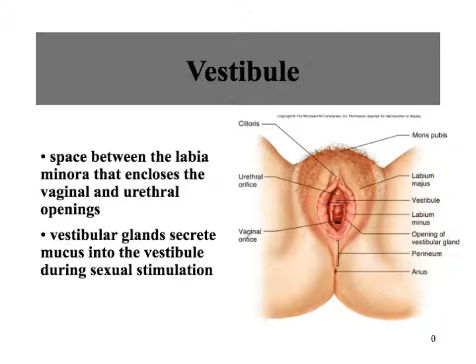In addition, the vestibule contains much of the tissue for the urethral openings, which is separate from the vestibule and the opening of the vaginal cavity. We mentioned for male reproduction, that's actually a shared pathway, both the urethra and reproductive tract for semen. So a little bit of difference there.